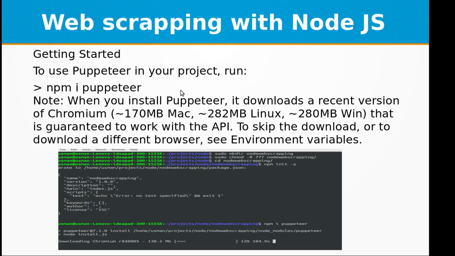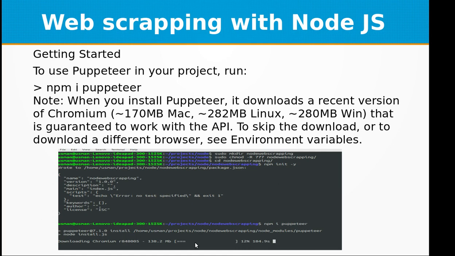The npm will start downloading the recent version of Chromium browser, because Puppeteer requires Chromium for its execution and doing scraping, either headless or without headless. In the screenshot below, you can see when I installed Puppeteer, it downloaded Chromium release 8.4 and it was 138.2 megabytes.